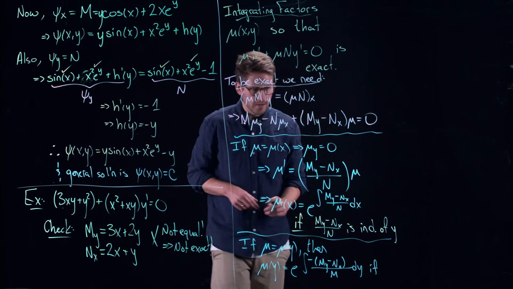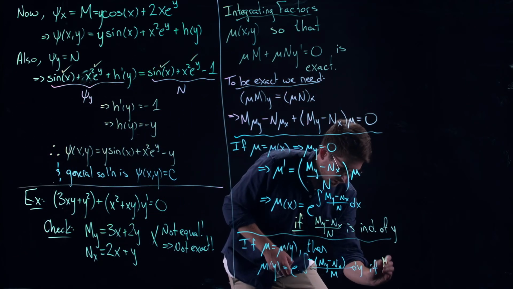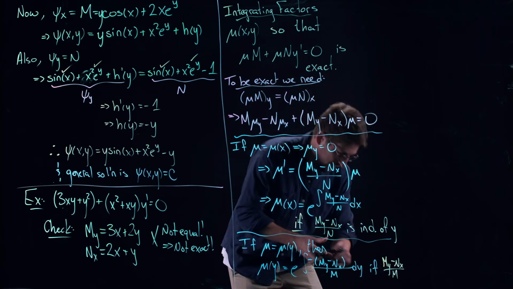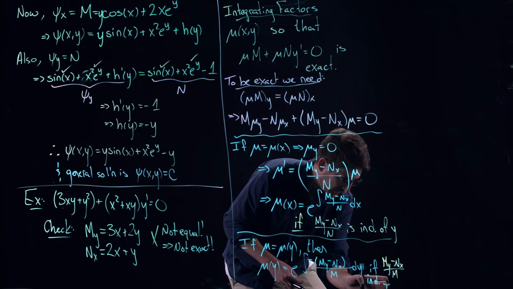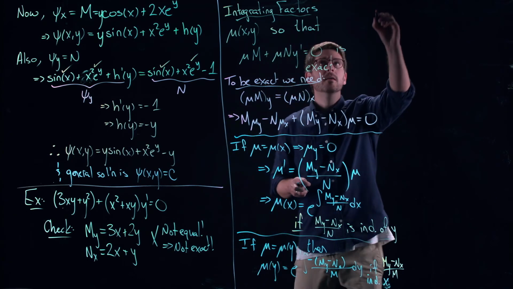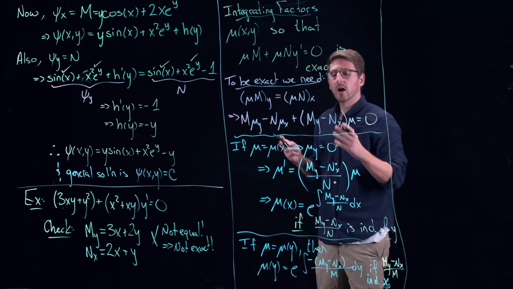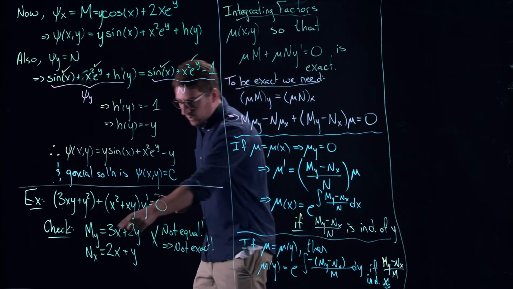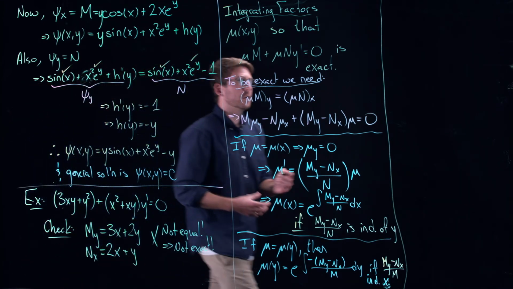So same idea, right? Just to squeeze it in, N_x minus M_y over M is independent of x, I'm sorry. Okay, so it's a very, very particular scenario. Fortunately, as we're learning differential equations, we are focusing a lot on particular scenarios. So let's go back to this equation and let's try and solve it again, okay? So let's say back to the example.